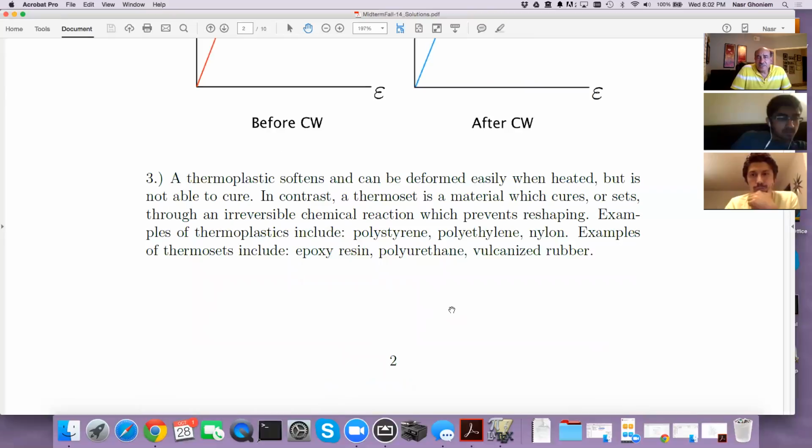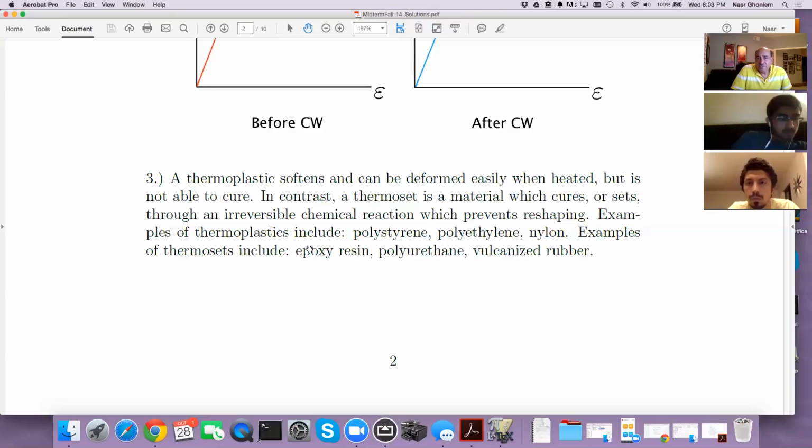Another question is qualitative. What is the difference between thermoplastics and thermosets? A thermoplastic softens and can be deformed when it's heated, but is not able to cure. But with a thermoset, the material cures, and when it sets, it's an irreversible chemical reaction and prevents reshaping of the plastic.